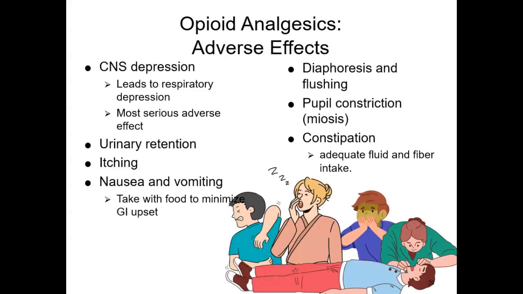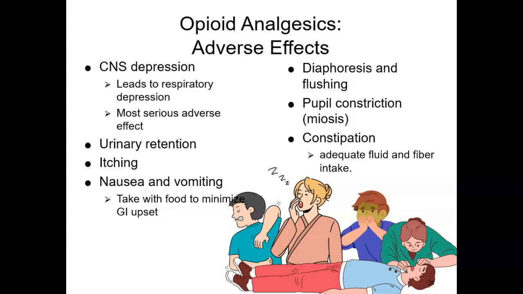The effects. There are multiple adverse effects to opioid medications. The chief among them is central nervous system depression and respiratory depression. That is deadly.